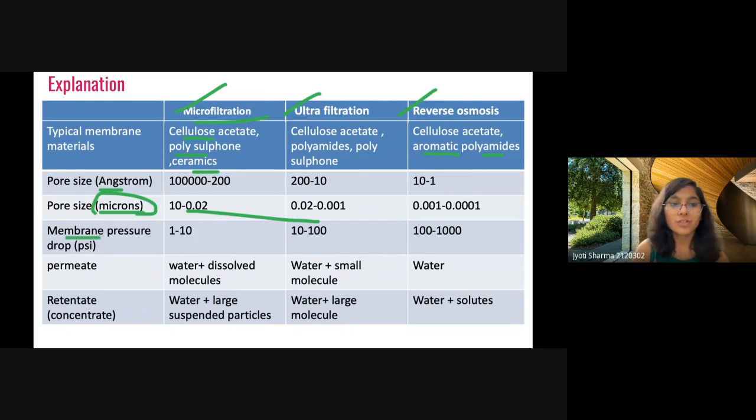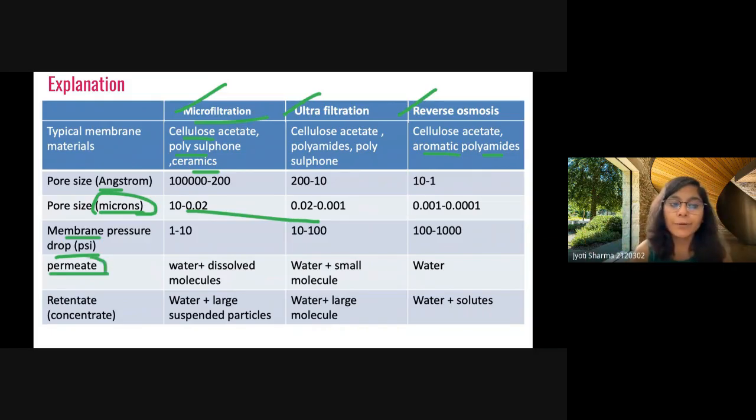Then membrane pressure drop: as the particles move, there will always be a pressure drop. Then permeate, which is what we get at last. So what will be the product? Initially we have water with some bacteria, viruses, and some dissolved molecules.